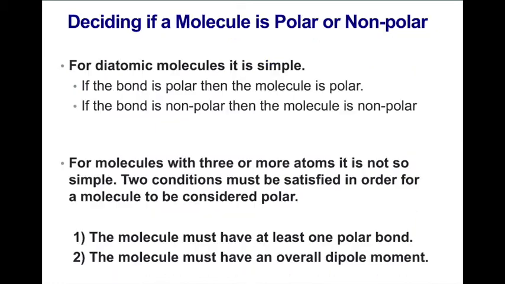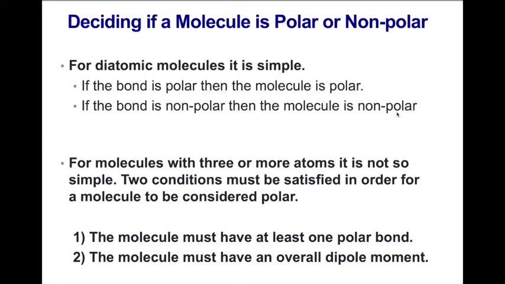So in terms of trying to figure out whether the molecule overall is going to be polar or nonpolar, it's very straightforward if you have a diatomic molecule, just having two atoms in it. If the bond is polar, if there is a difference in electronegativity, the molecule is polar. And it follows that if the bond is nonpolar, the molecule is nonpolar.